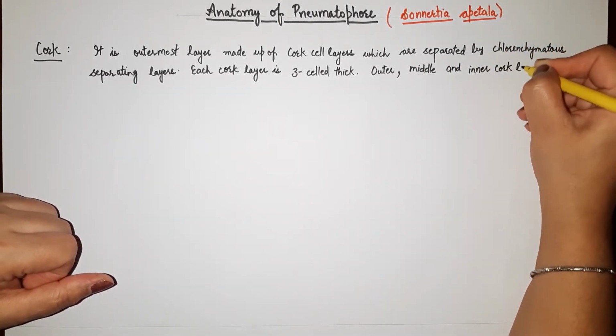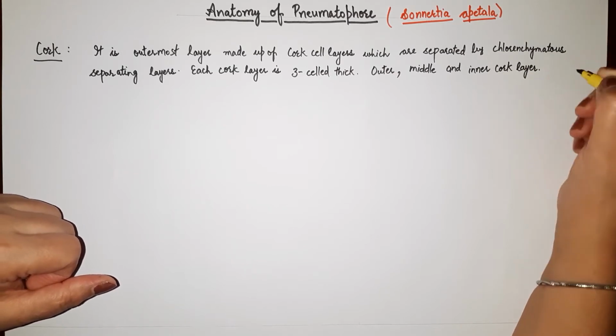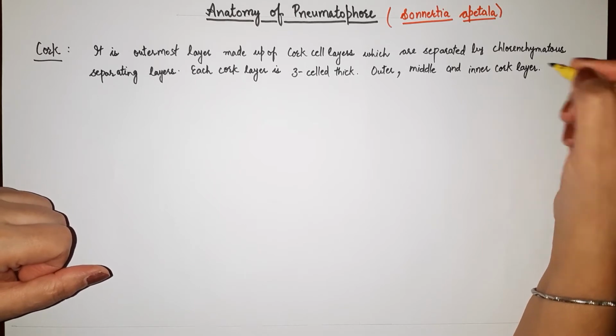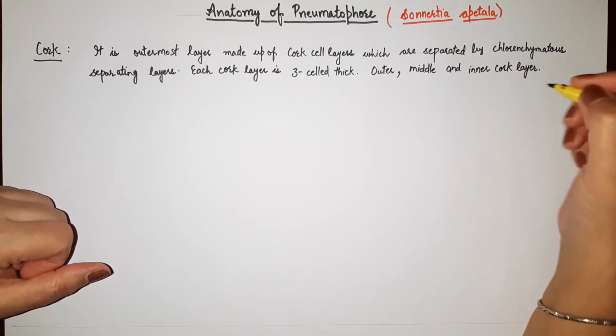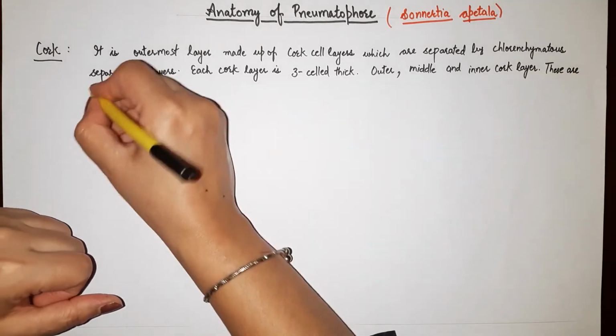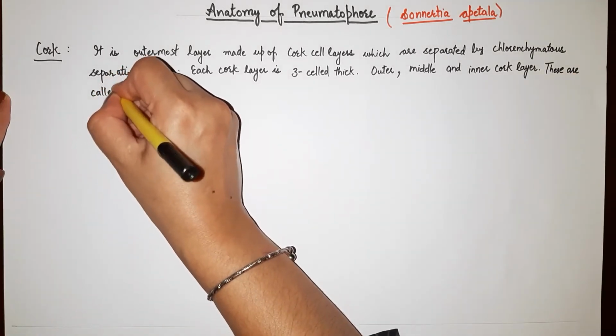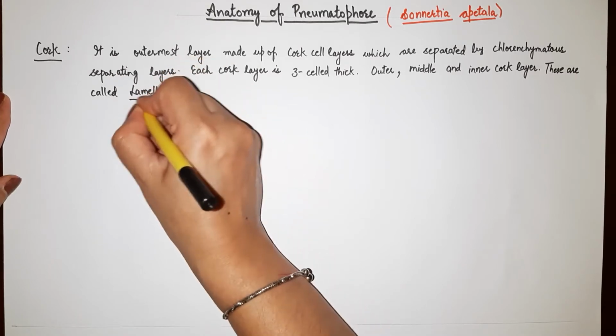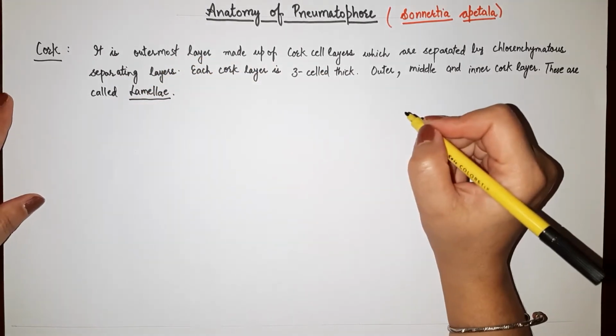So, now we will observe different kinds of cork present in the form of layers, which are divided into outer, middle and inner cork. These are called lamellae, and you all know lamellae means layers. So, cork is present in the form of layers.